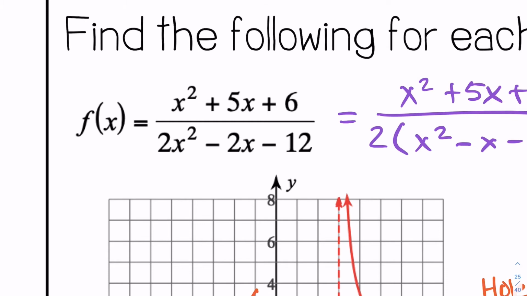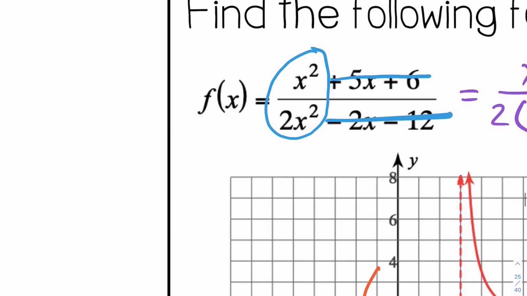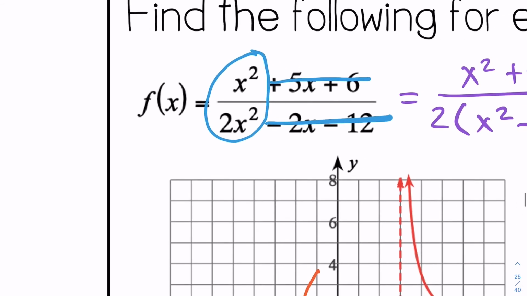Don't worry about the things that are being added or subtracted on a smaller scale. Look at your big picture. These are the big picture. Whatever's happening in terms of infinity and negative infinity will be most greatly affected by these two items.